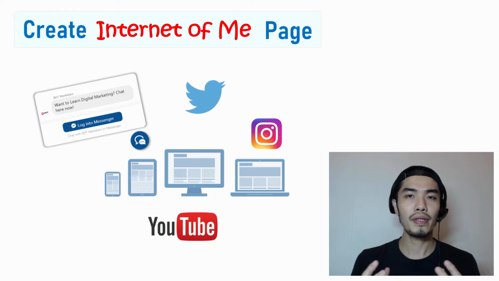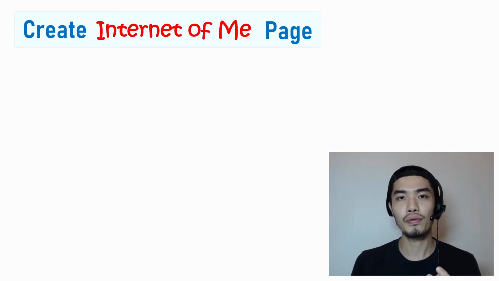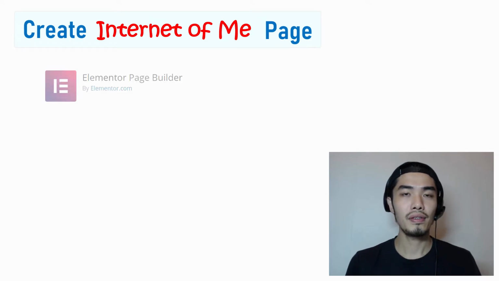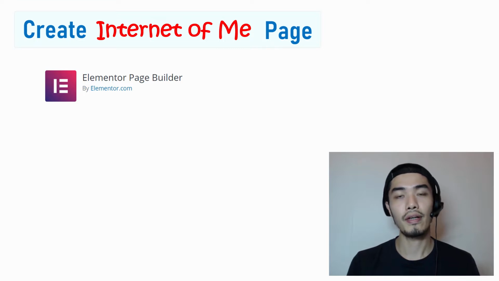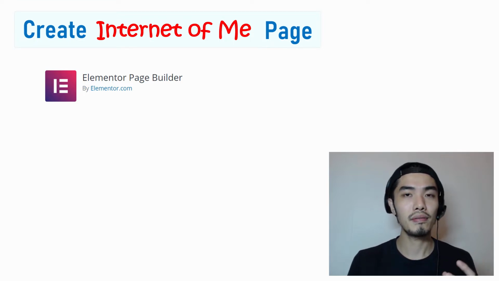So before doing that, I would like to share with you several free plugins that you can install onto your WordPress website. The first one is the Elementor page builder. It is a very good plugin or software that will help you to create customized web pages in WordPress.